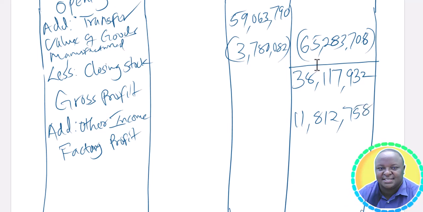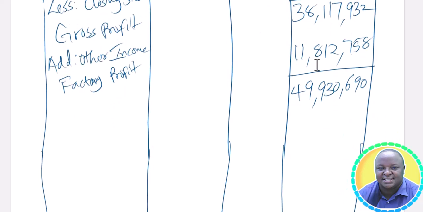If you add that, you will get 49,930,690 as your total income.